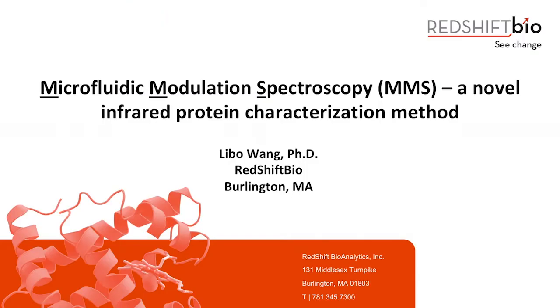Hello everybody, welcome to the webinar. We are very glad to have Dr. Valerie Daggett as our speaker to talk about the conformational changes of amyloid peptide during amyloidogenesis. In her story, a novel infrared spectroscopy method, Microfluidic Modulation Spectroscopy, in brief MMS, was used to analyze the structural characteristics of amyloid beta peptides during the aggregation process.